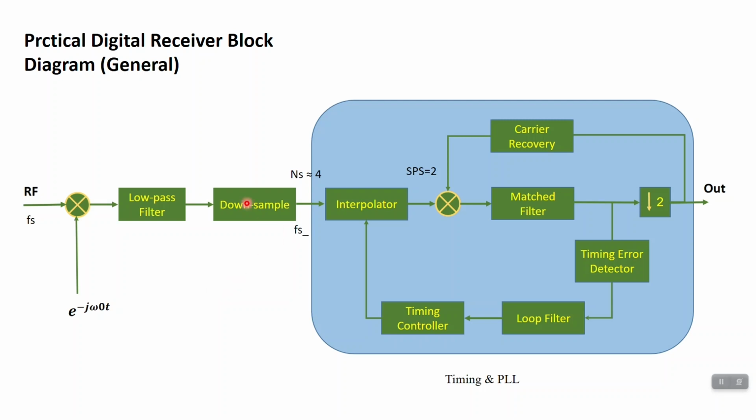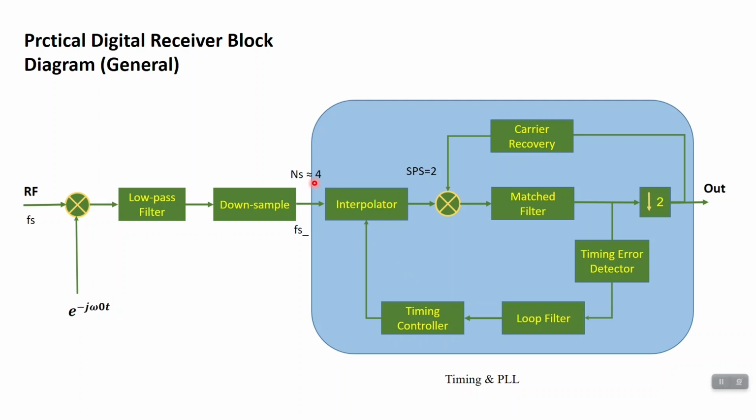So use downsampling to decrease the sampling frequency Fs by a factor of D. After that comes the main block, which I name Timing and PLL. It just needs around 4 samples per symbol.